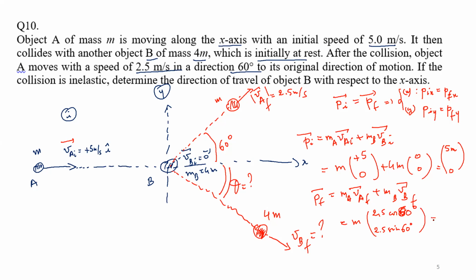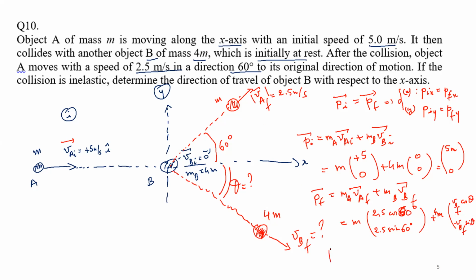Plus MB, now MB is 4M. And then here I will have VB. Now VB along X, of course it will be VB final cosine theta. And along Y, I know that it will be negative, so it will be minus VB final sine theta.